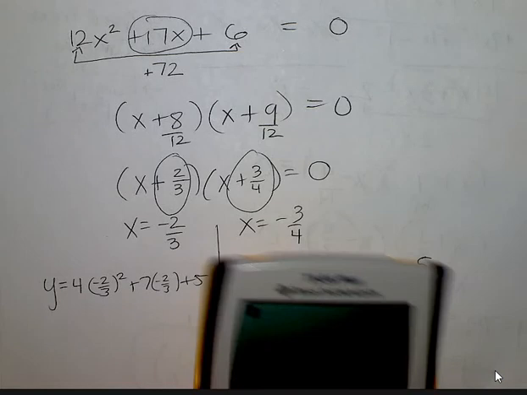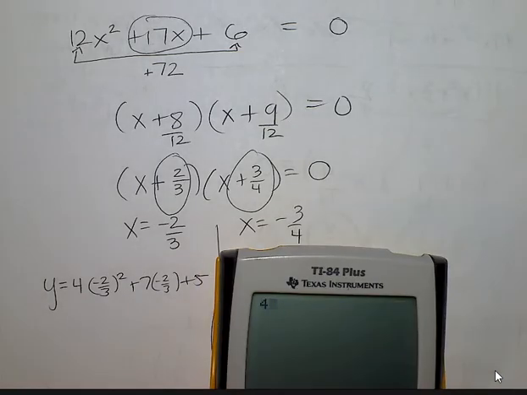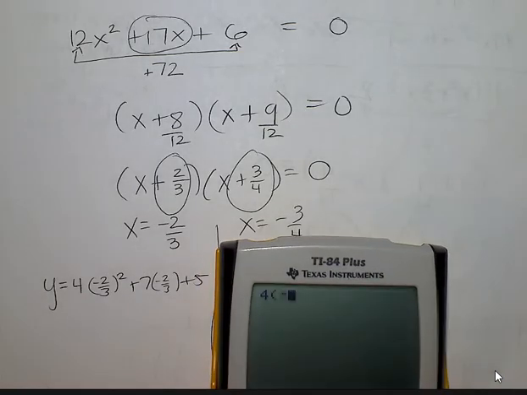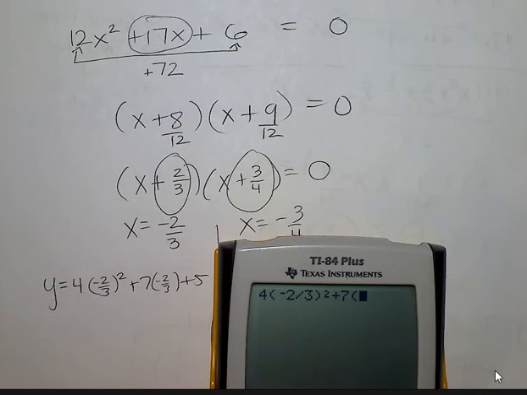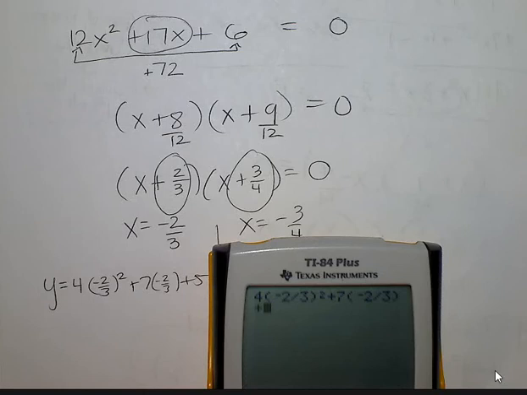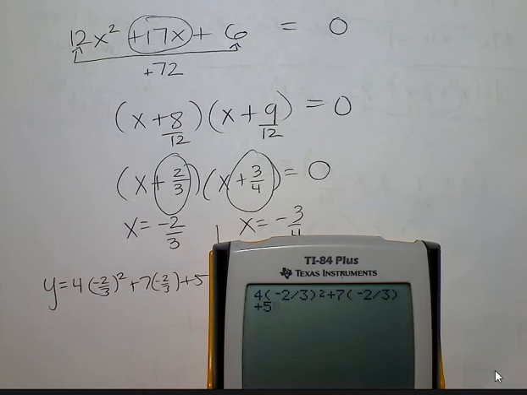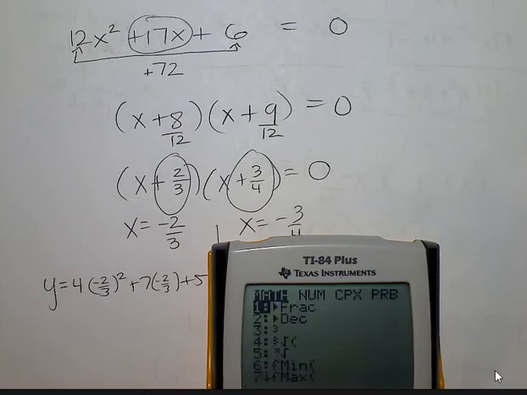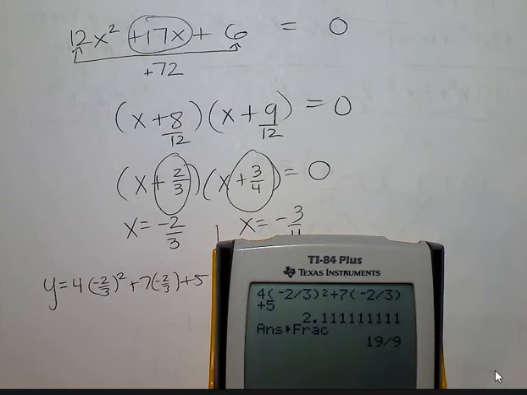Okay, so 4 times quantity, negative 2/3 squared, plus 7 times quantity, negative 2/3, plus 5. Put it back into a fraction, so 19 over 9.